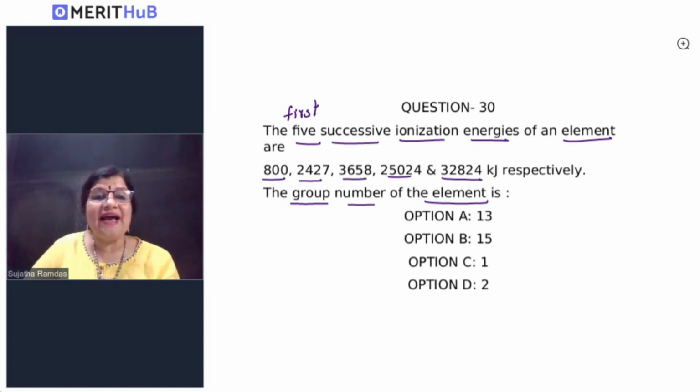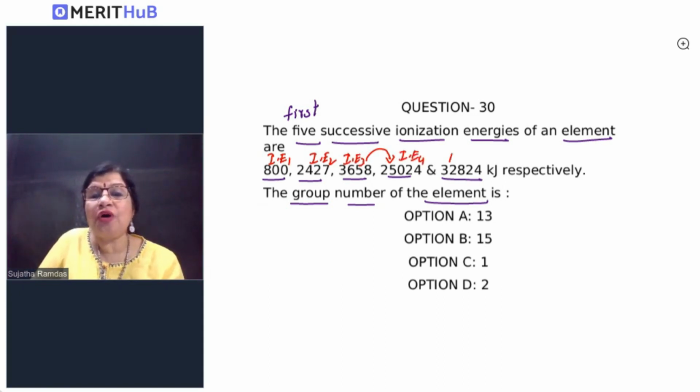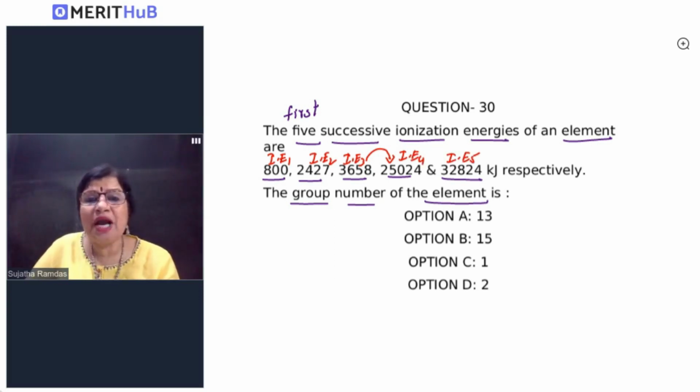You notice that there is a big jump in the ionization energy from the third to the fourth. So this is IE1, IE2, this is IE3, IE4, IE5. Okay, there's a big jump. The biggest jump is seen from the third to the fourth ionization energies. So we need to find out why this jump has got the highest magnitude.